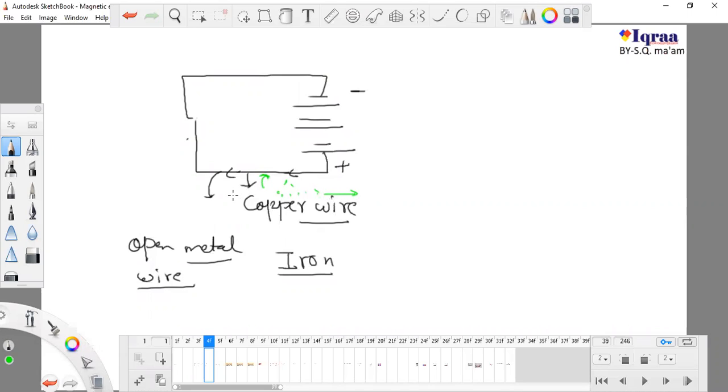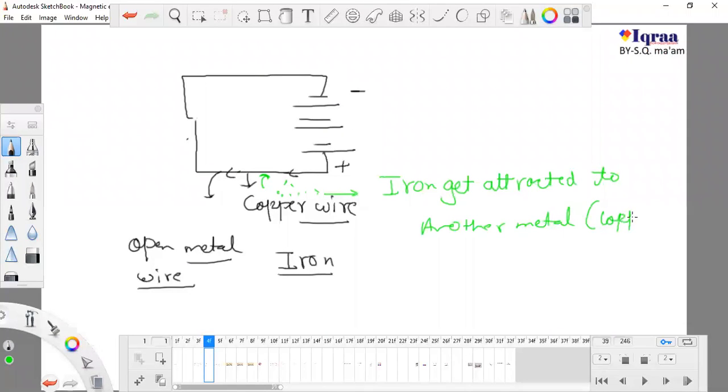The iron gets attracted to another metal, that is copper. How is it possible?